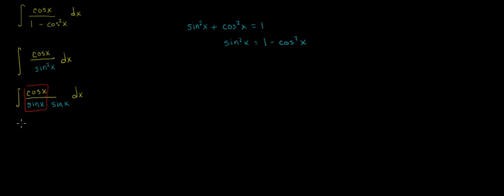Well, cosine over sine, keep in mind that's just cotangent, so this thing in red will turn into cotangent of x. And then, well, what's left? Well, think about cosine as cosine times 1. And so what I have here, let me do this in purple, I have 1 over sine of x.